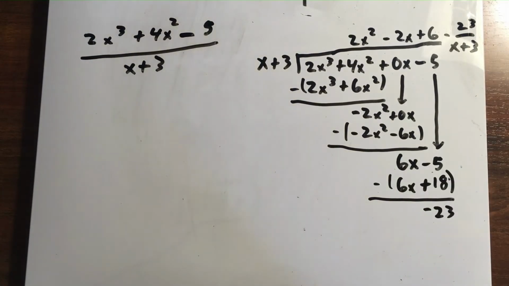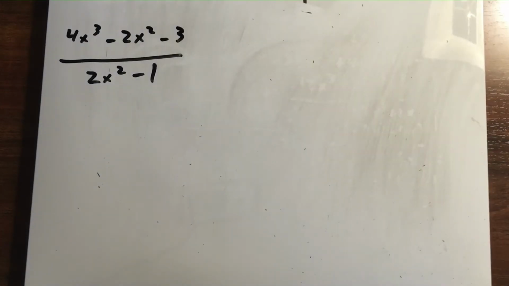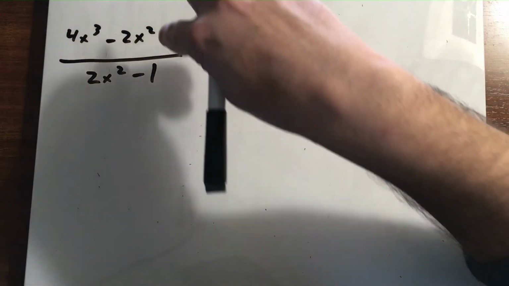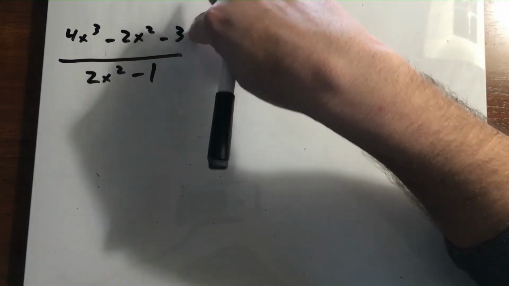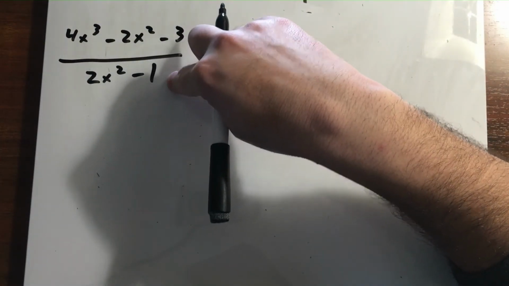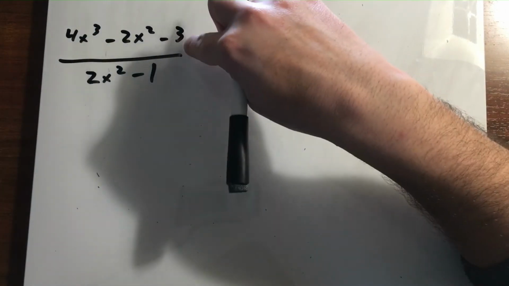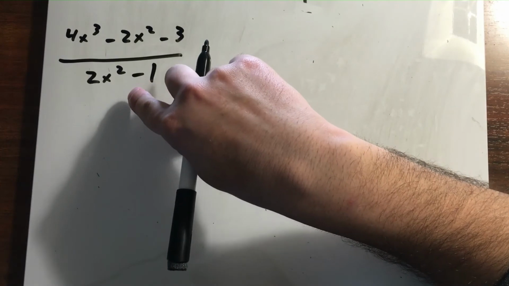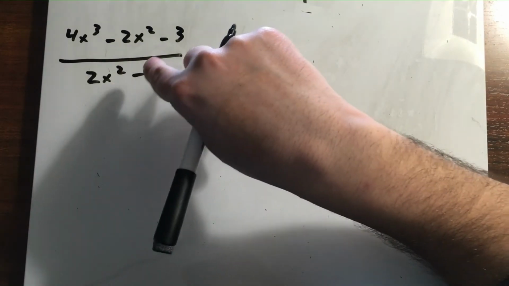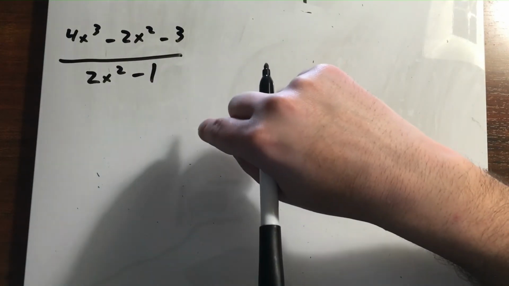All right, let's look at our final problem. In this problem, you're going to see that we're missing a term in both the numerator and the denominator. Here we're missing an x, because we have x cubed, x squared, but no x, and then 3. And here we're missing an x. We have 2x squared, no x, and then 1.